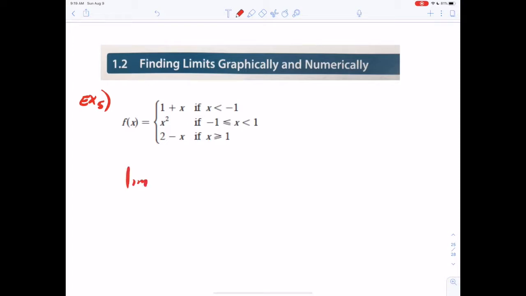Suppose they ask you, what's the limit of this function as x approaches 1 from the right? Okay? So here's what you have to think about. And I'll draw a number line for you, okay? If you're approaching 1 from the right, what's a good number to start with? Right?